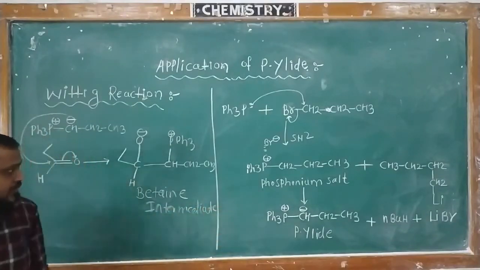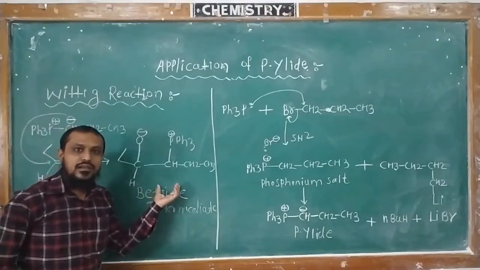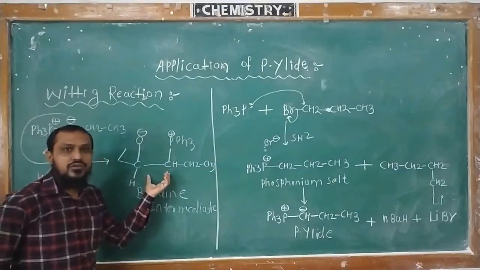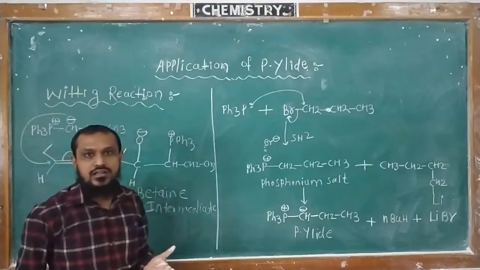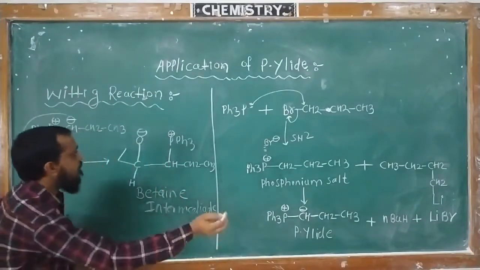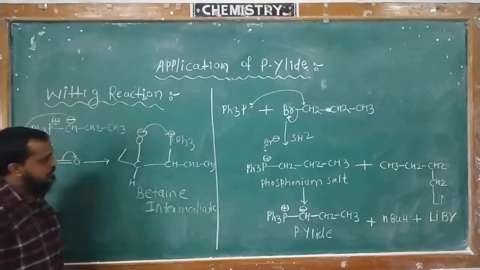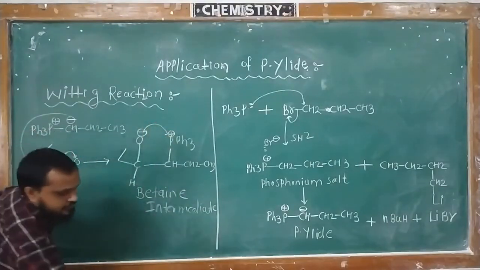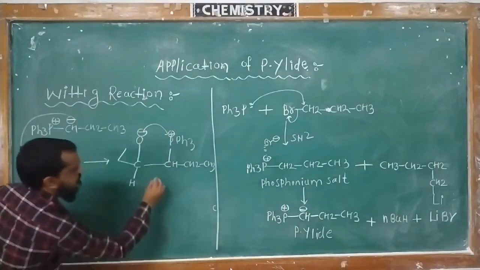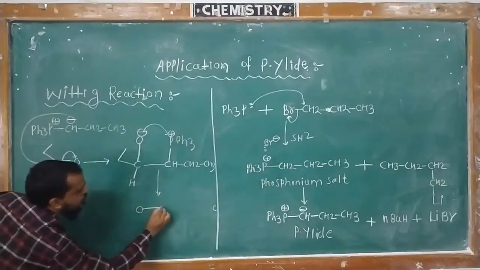Okay, this is a less stable intermediate, and it is immediately converted into a closed ring structure called the oxaphosphetane intermediate. What will happen here? This negative charge of oxygen shifts toward the phosphorus and forms this type of intermediate.